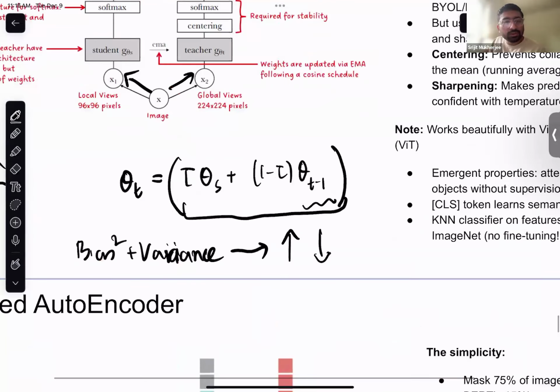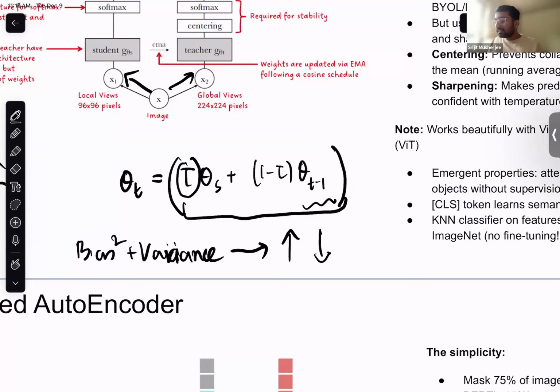If you average it out, as time progresses both will have the same parameters. But if you calculate the variance, you will see that since tau is less than 1, the variance will be smaller, because an average's variance is smaller than the individual variance. That 1 by n term is there, right? Variance of 1 by n summation of xi is the variance of each of them divided by n.